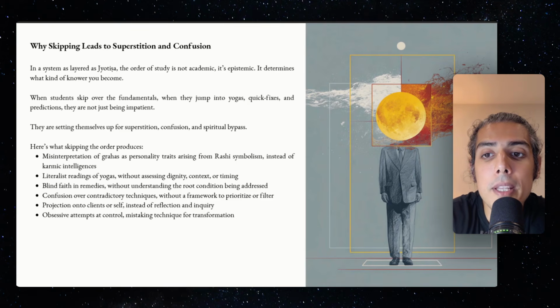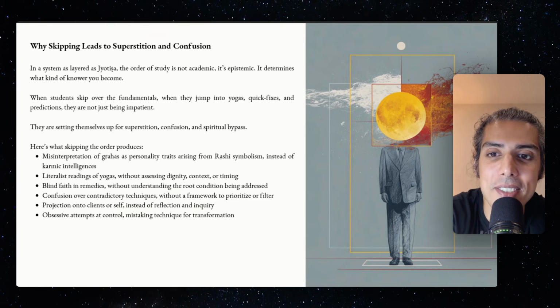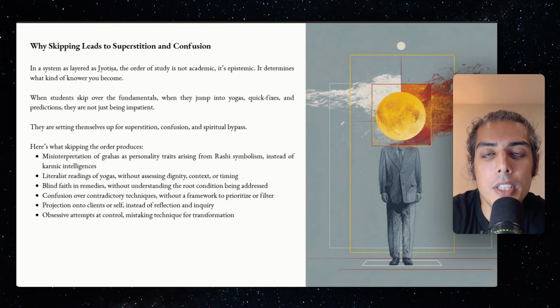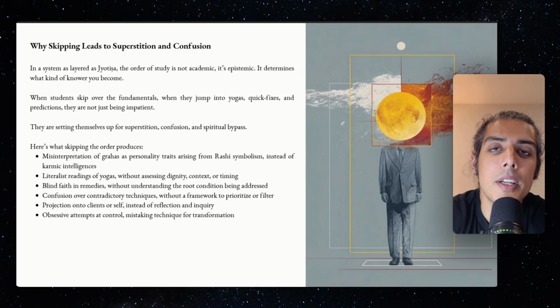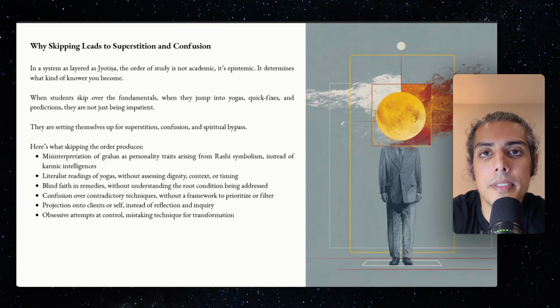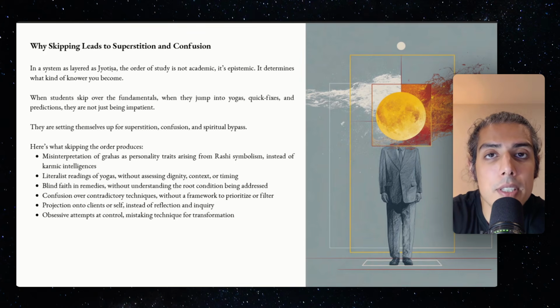So here's what skipping the order produces: misinterpretation of grahas as personality traits arising from Rashi symbolism. So we are trying to understand grahas from Rashi symbolism, not Rashis from graha, instead of understanding karmic intelligences, psychostructuring principles, sattvam.